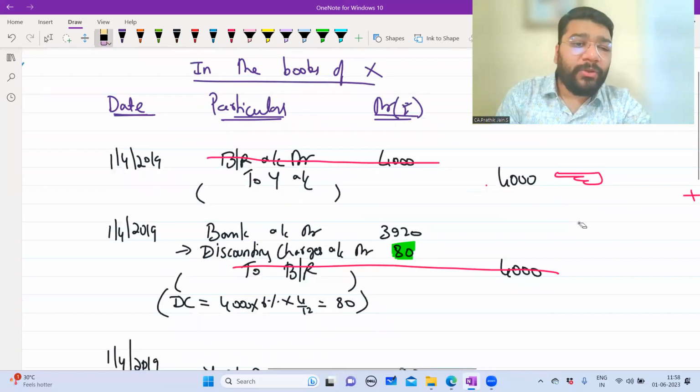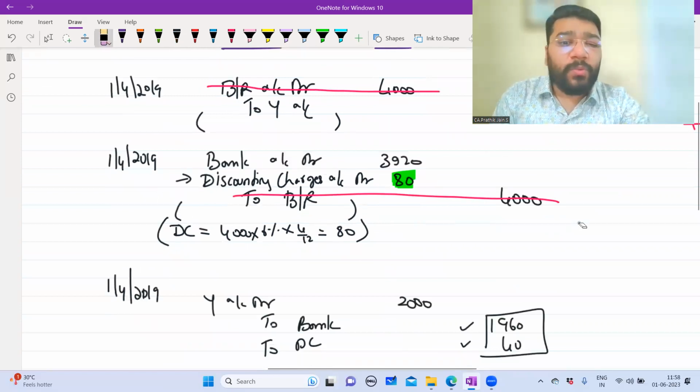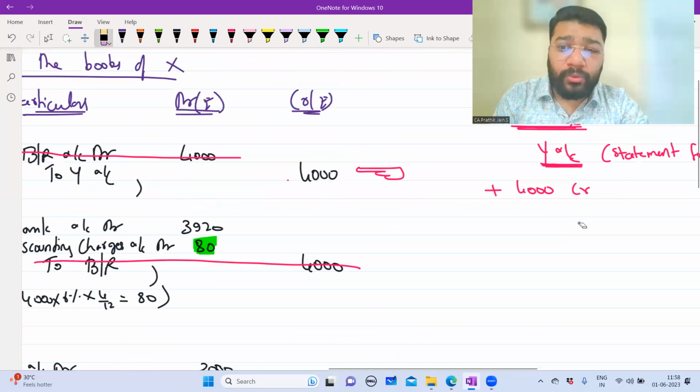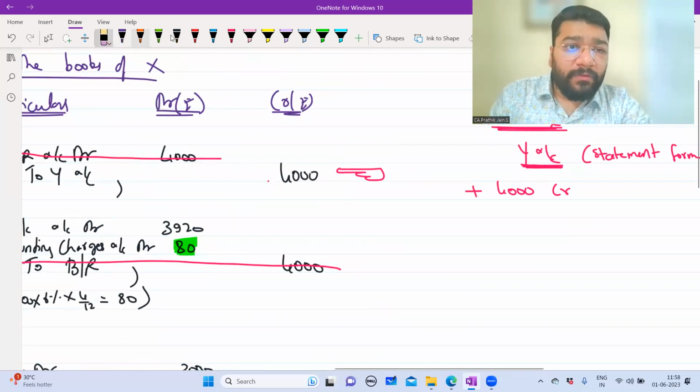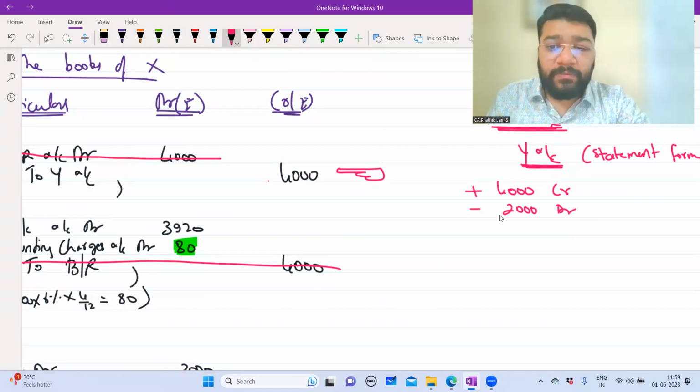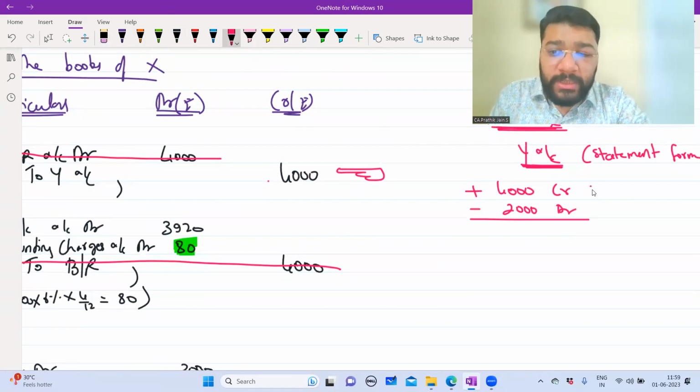Now, guys, what did I tell you? Whenever you come across Y, you have to record this in the ledger also. So, guys, here Y account is debited by 2,000. If credit is positive, debit is negative, which means what? We were originally supposed to pay Y 4,000 rupees.